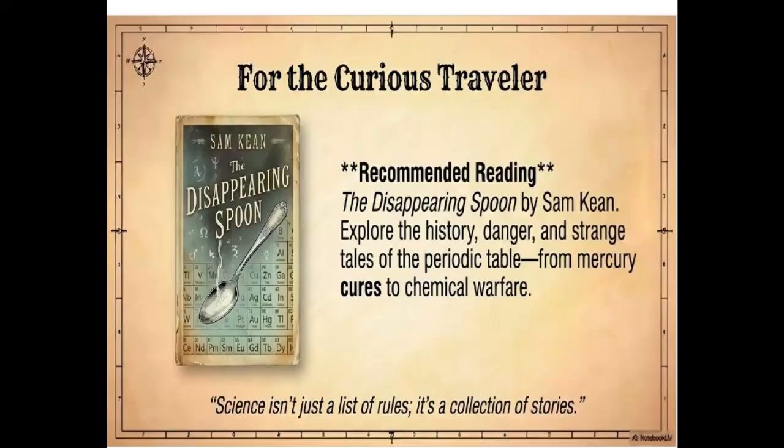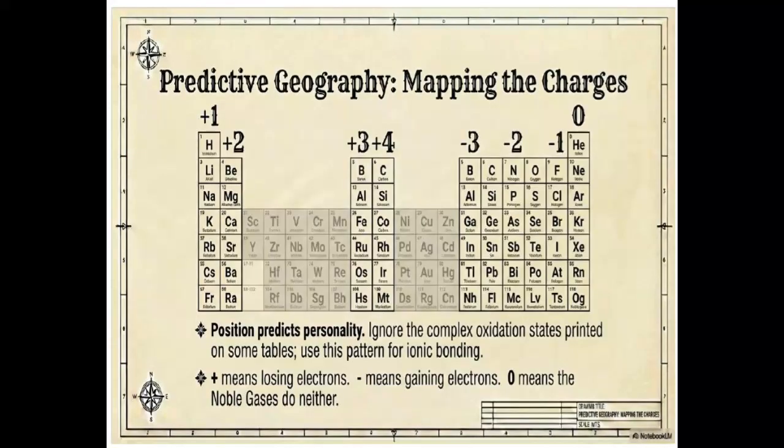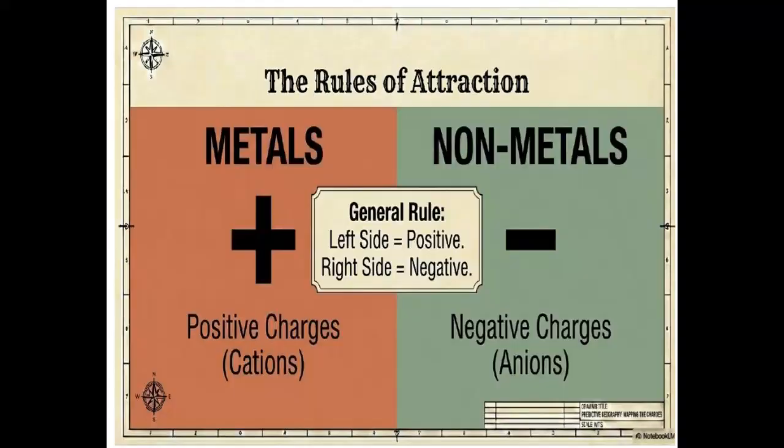But let's go back, because I saw that I have a few things I had to go over. This thing called mapping the charges, we are going to leave for next week when we do naming. So I'm not going to make you worry about it right now.